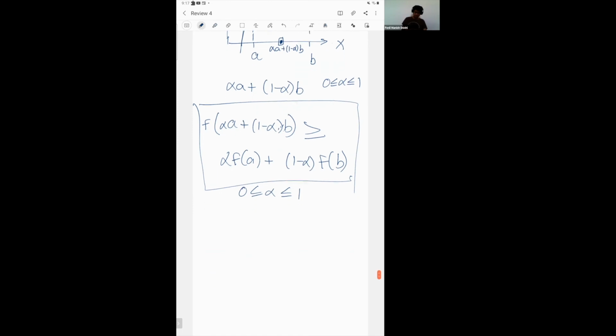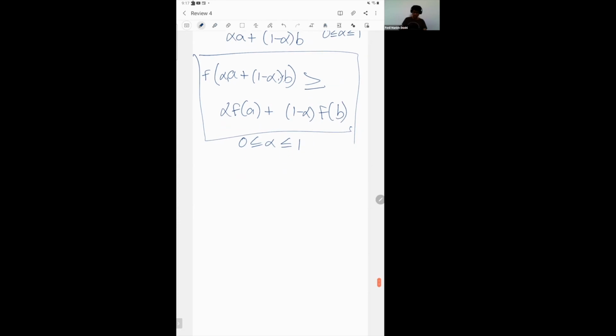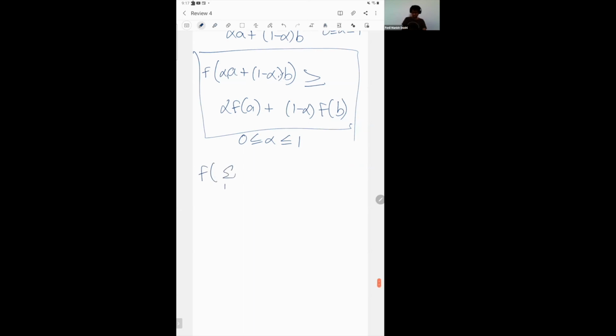Here we simply have alpha and 1 minus alpha, but we can introduce more variables; it's just linear interpolation.